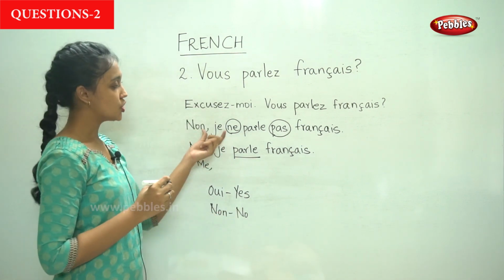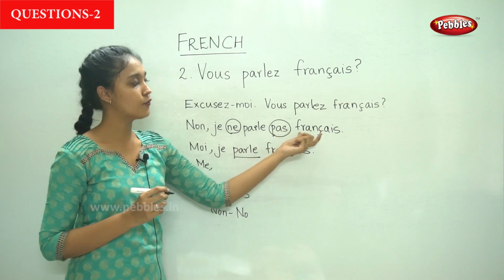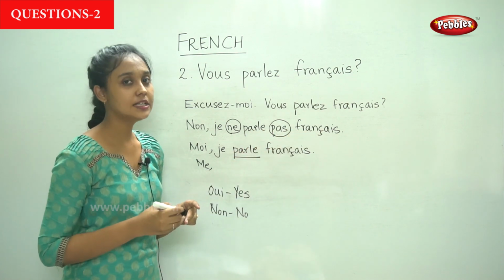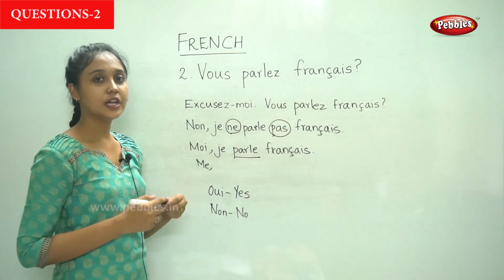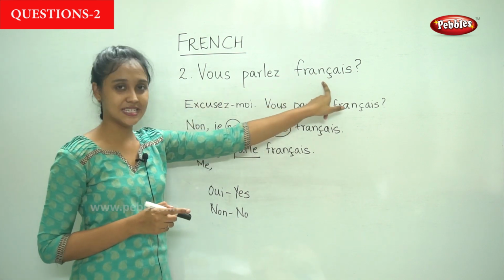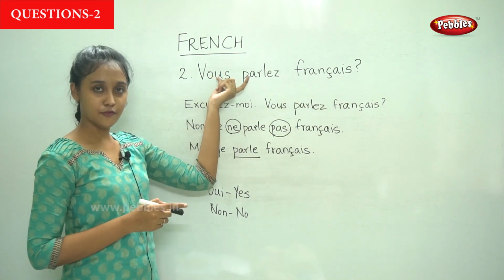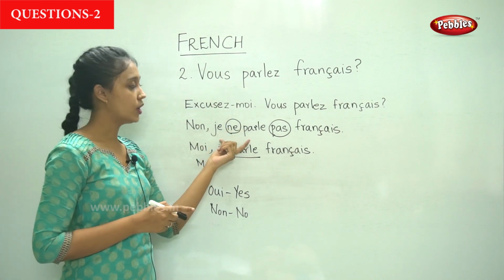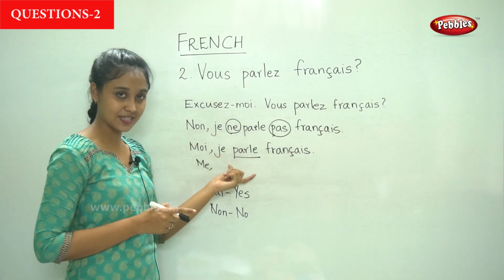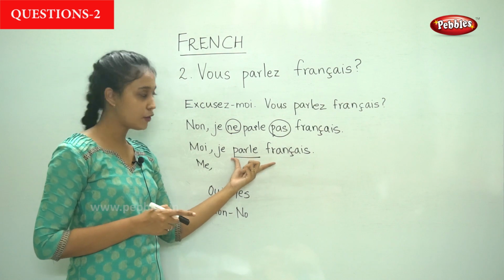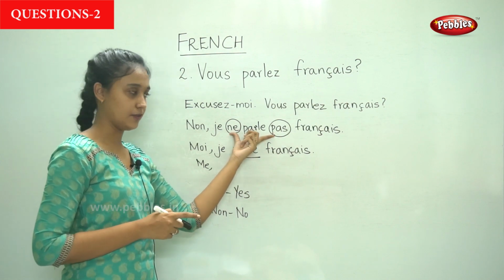Non, je ne parle pas français. I do not speak French. So now we have learned this question, vous parlez français, and we also know how to answer that question in both the positive form and in the negative form.